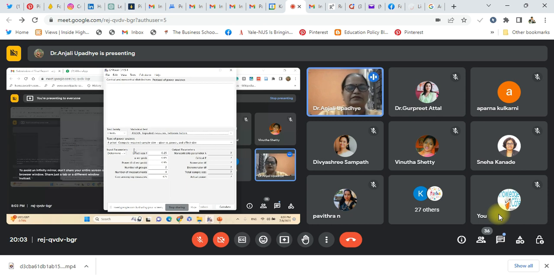Then again, I will find my effect size, alpha 0.95, number of groups, number of measurements. What levels of the parameter, 1, 2, 3, 4, do you have? Among those levels of the parameter, we calculate the ANOVA. Therefore, the calculation is different among the ANOVA.